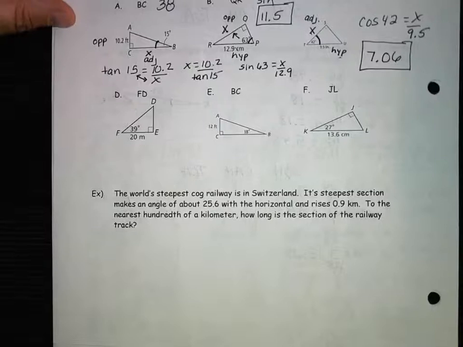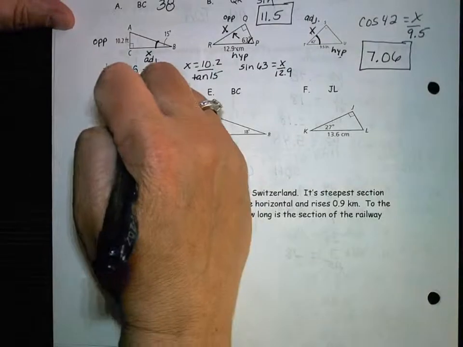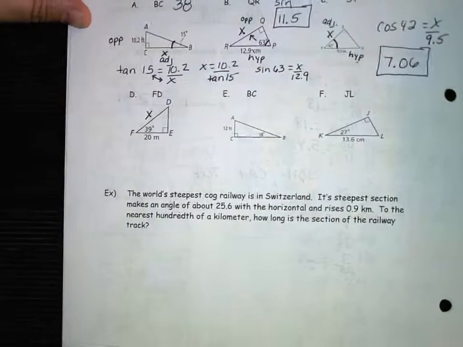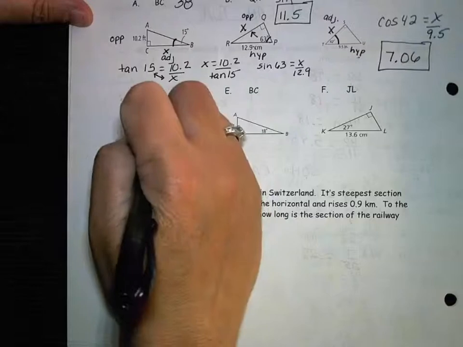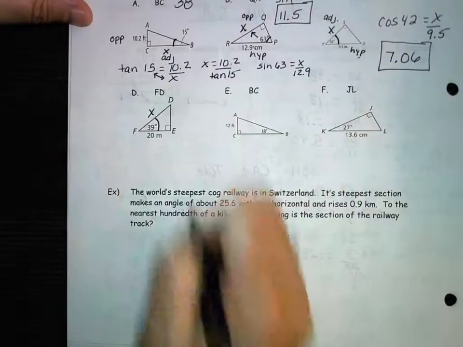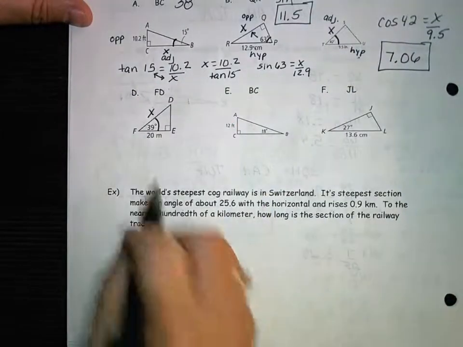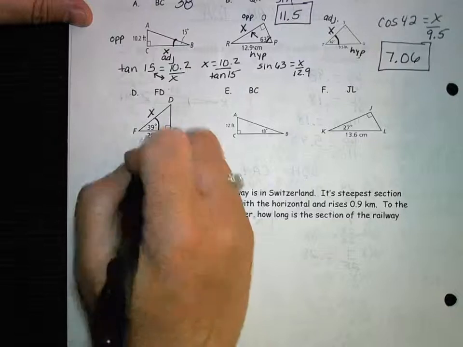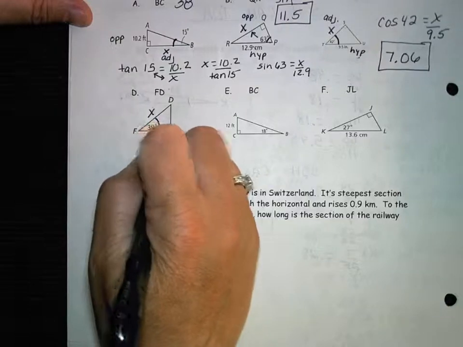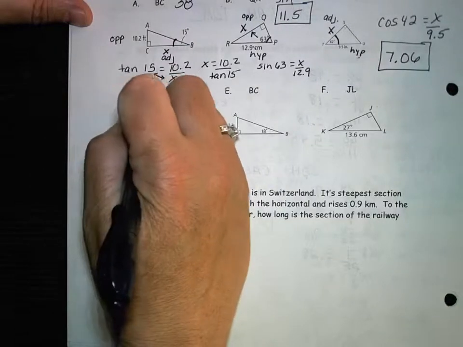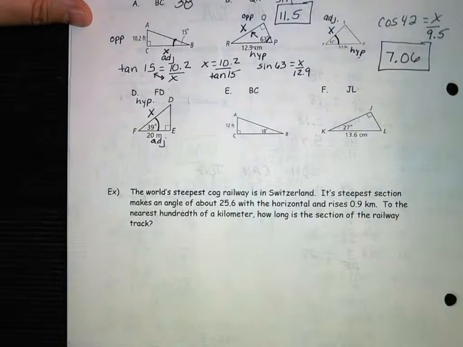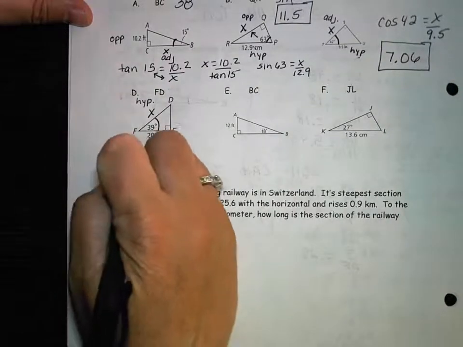Example D, we're trying to find FD. So I'm going to put the x right there. This is the angle. This is the adjacent side. This is the hypotenuse. Adjacent over hypotenuse is cosine.